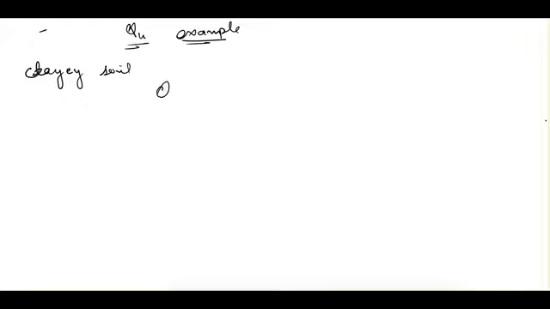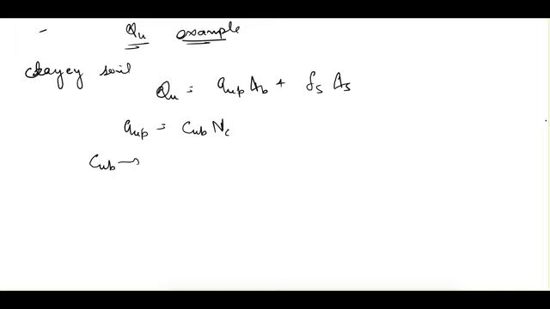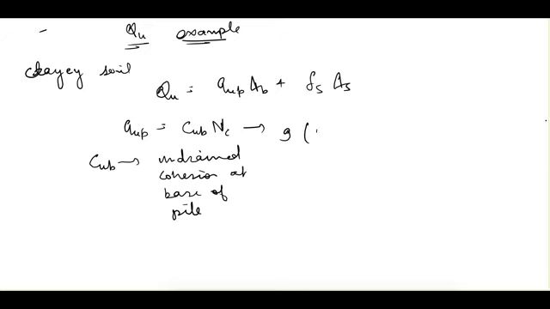So the basic formula is same, Qu is equal to Qup into Ab plus Fs into As. Now in case of clay soil, this Qup is equal to Cub into Nc, where this Cub is the undrained cohesion at base of the pile, and this value of Nc from the Skempton's analysis is equal to 9 for circular and square shape.